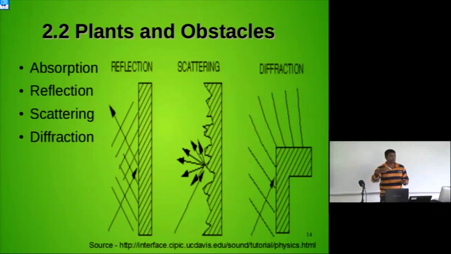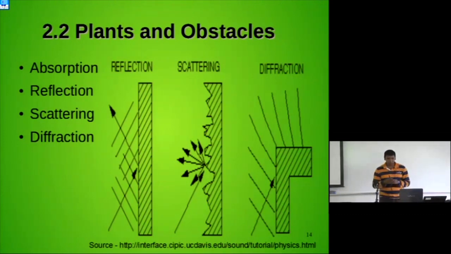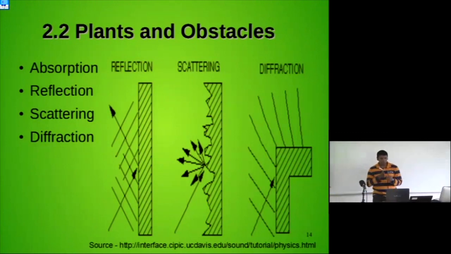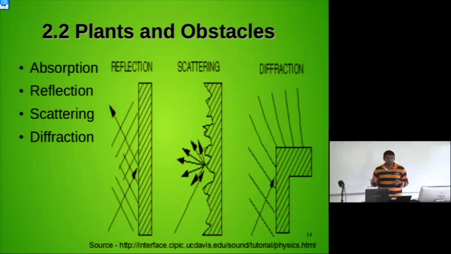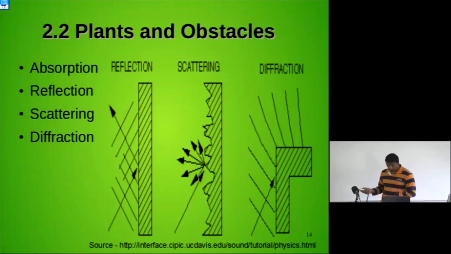Scattered means the sound hits the plant and is scattered to different directions. And the sound can be diffracted. Diffracted means when you have an obstacle, sound tends to bend near the obstacle. That's the diffraction.